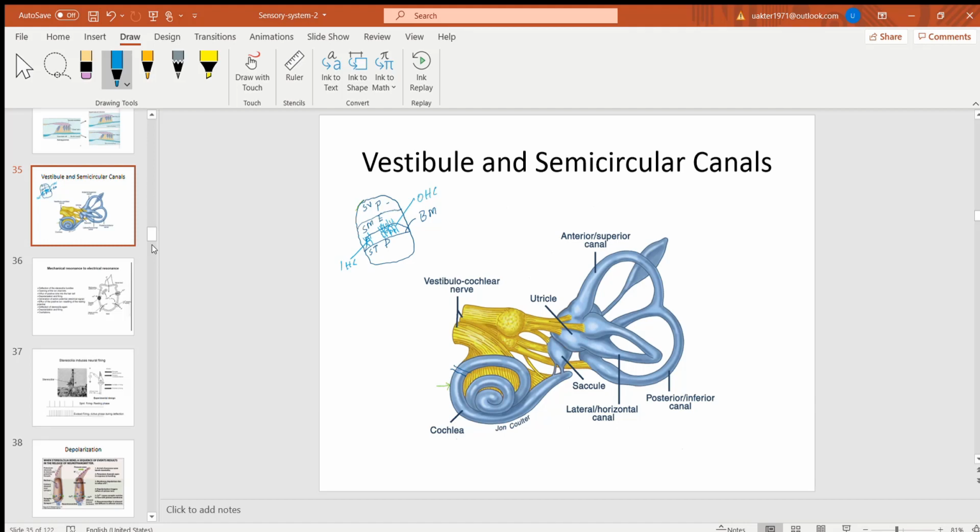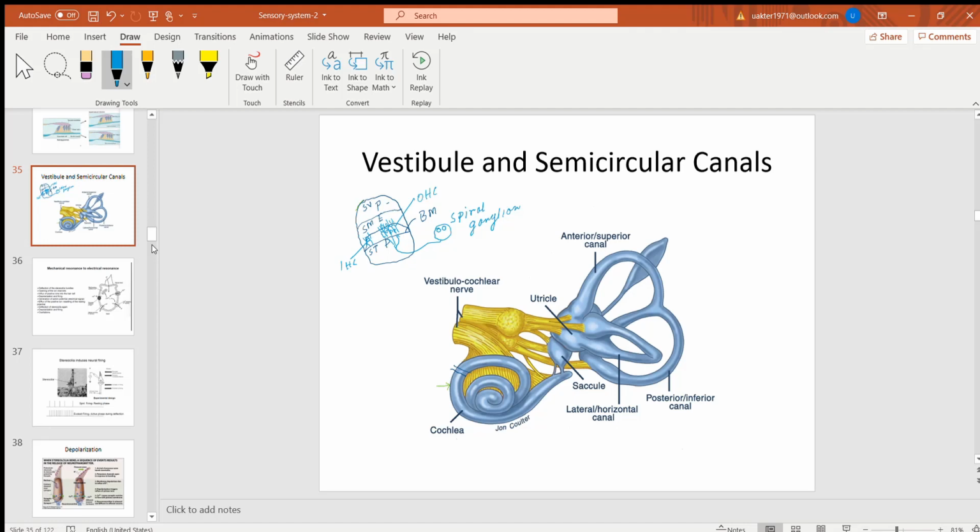Now you see, from the hair cells or sound receptor cells, the afferent fibers go to the cochlear spiral ganglion. I talked about this in the last lecture. And inside the ganglion you have two types of neurons.